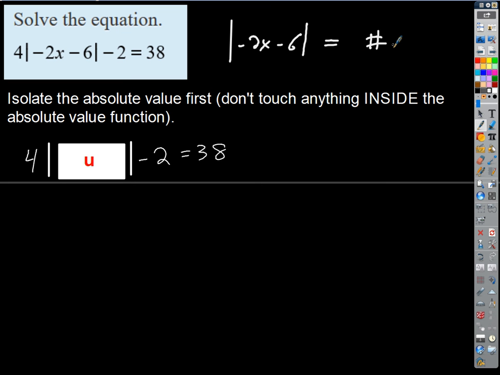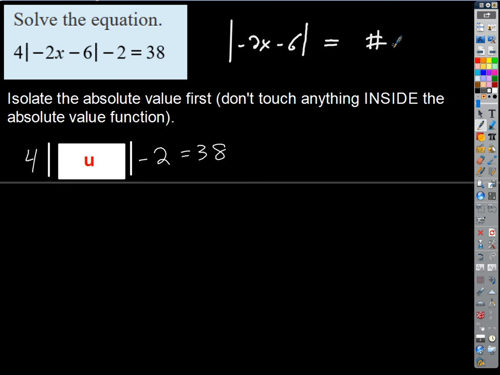Because then we know that whatever's inside the absolute value bars either had to be that positive number or it had to be that negative number, and the absolute value made it positive, right? So the first part of solving an absolute value equation is we got to isolate the absolute value first.